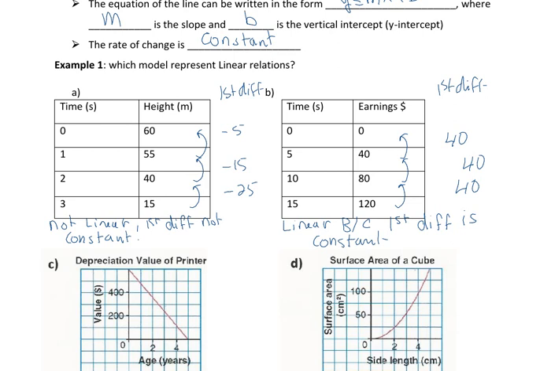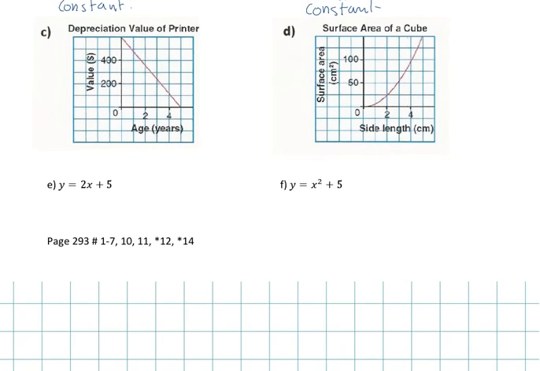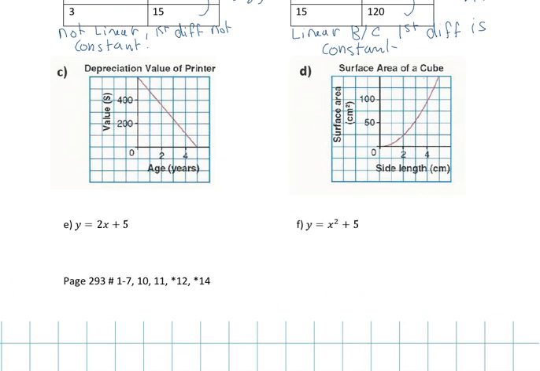Look at the example below, we have graphs. What can you tell me about the first graph? Is it a linear function or not? It's linear because it's a straight line.